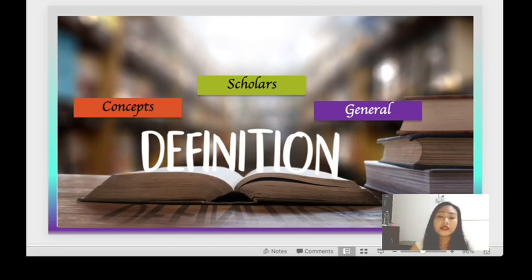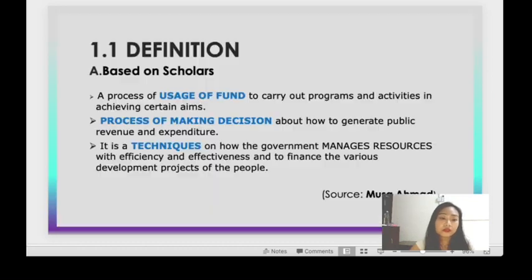And then the second one, we will go through some of the concepts that talk about PFA, and then in general the meaning of PFA. Okay, the first one, we'll take a look at the definition based on scholars, and then the first one, we're going to talk about the perspective of PFA based on the source Musa Ahmad.